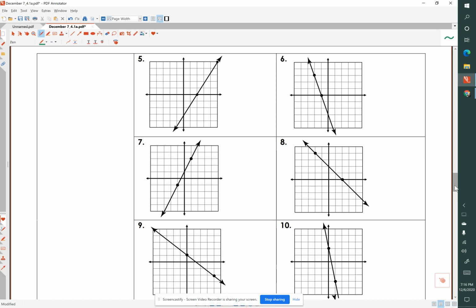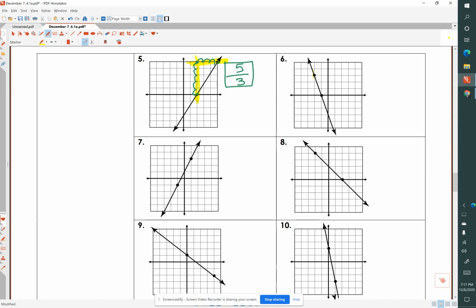Okay, so number 5, I will use the yellow highlighter just for clarity. The rise is 1, 2, 3, 4, 5, and the run is 1, 2, 3. So the slope is 5 over 3.